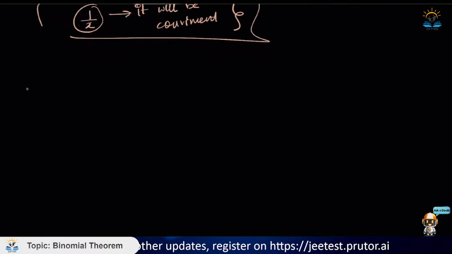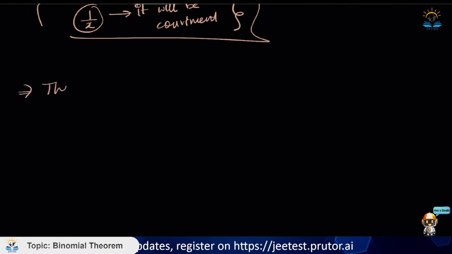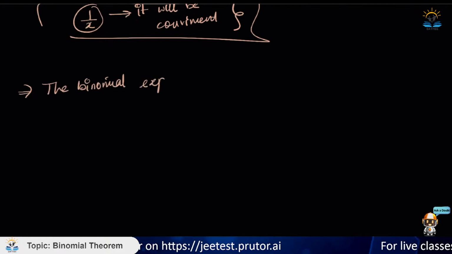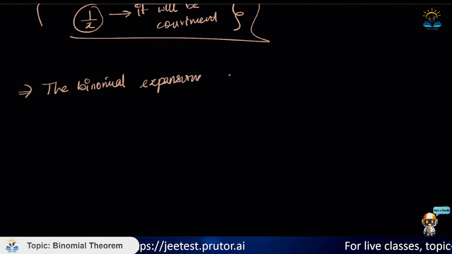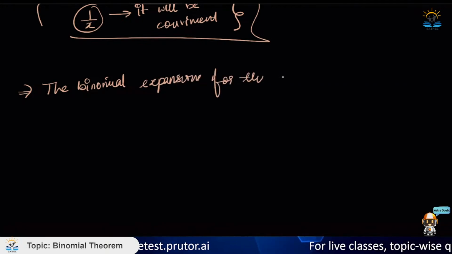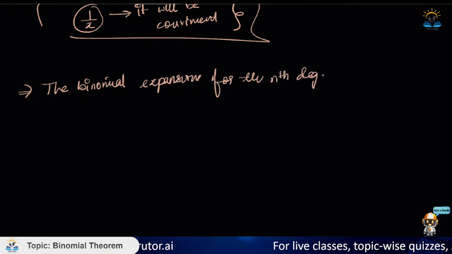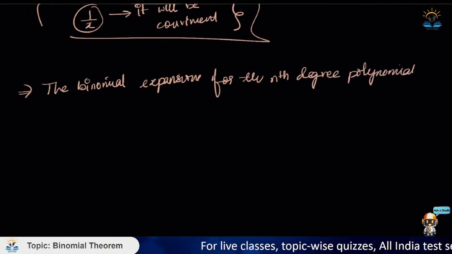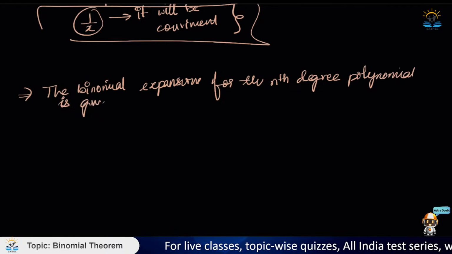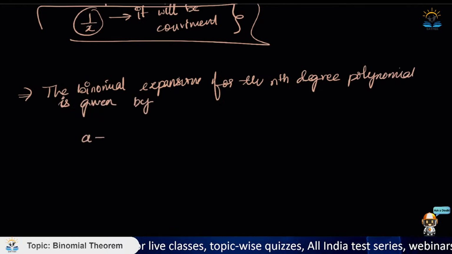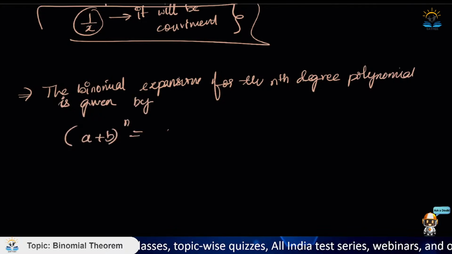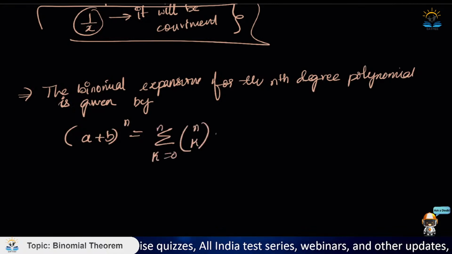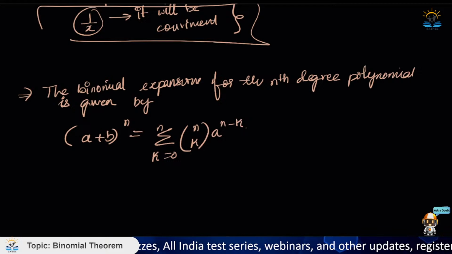So now the next one is the binomial expansion. The binomial expansion for the nth degree polynomial is given by (a + b)^n equals the summation of k equals 0 to n of nCk a^(n−k) b^k.